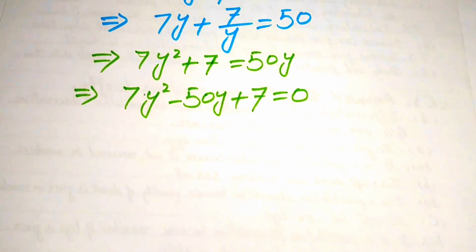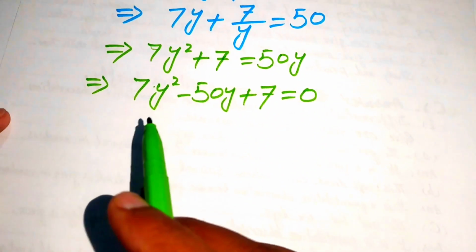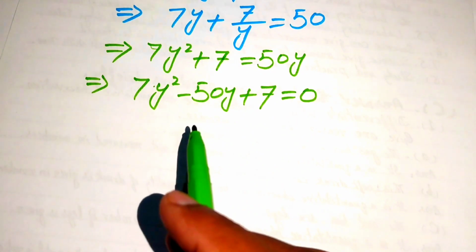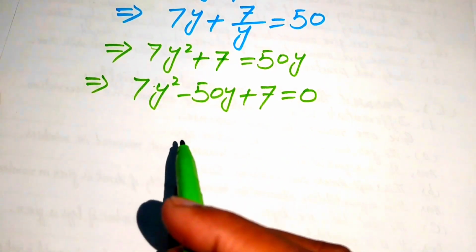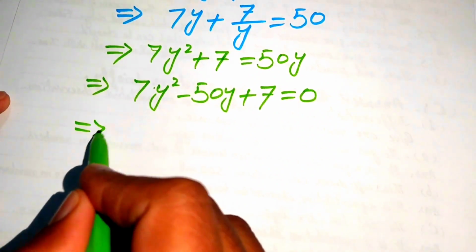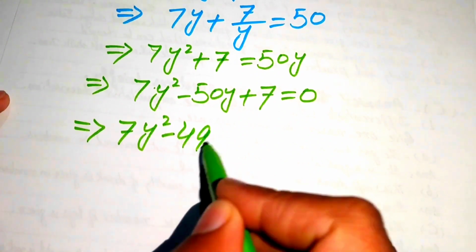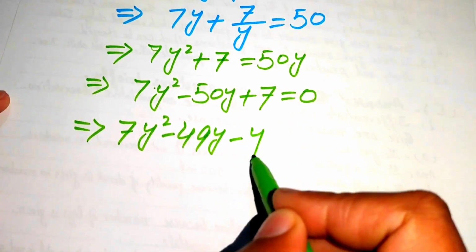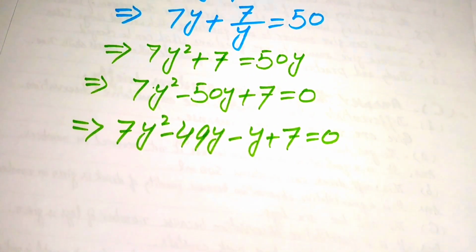So now here we need two numbers whose product is 49, and when we add these two numbers then we get minus 50. So these two numbers are minus 49 and minus 1, and we get 7y square minus 49y minus y plus 7 equals 0.